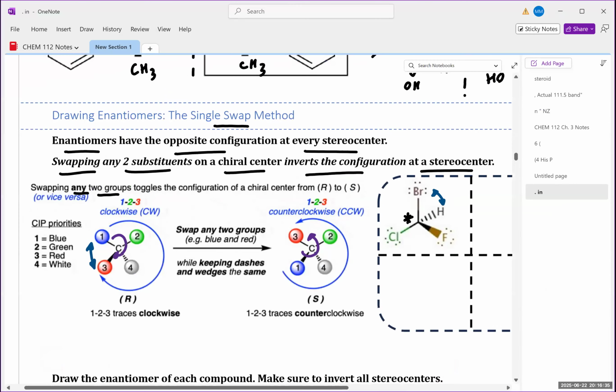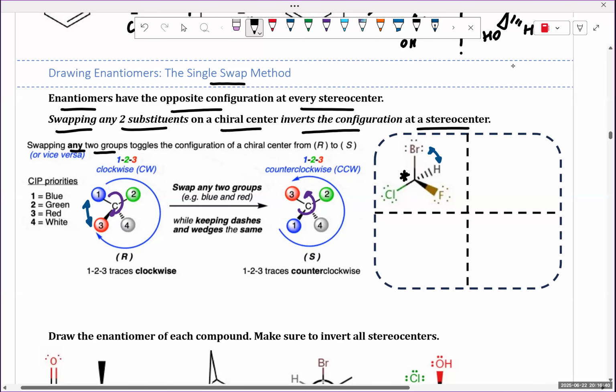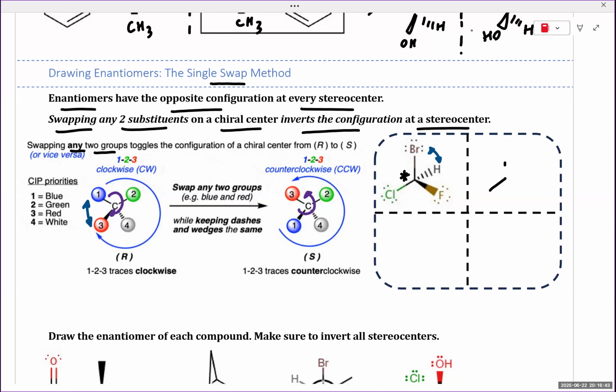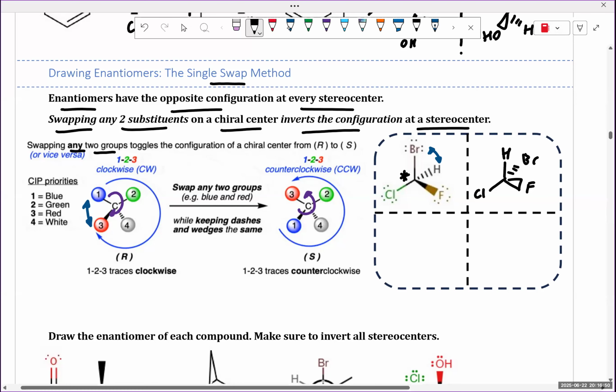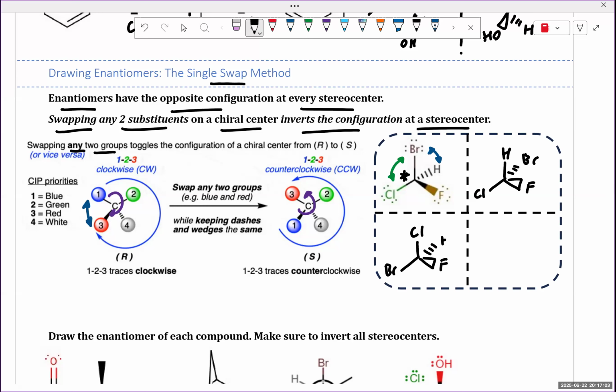For example, if we swapped the bromine and hydrogen, that in turn would give us the following enantiomer, which looks like this. By the same token, we could swap bromine and chlorine, and that would give us another enantiomer. I'd like you to try and draw one more enantiomer using this single swap method.